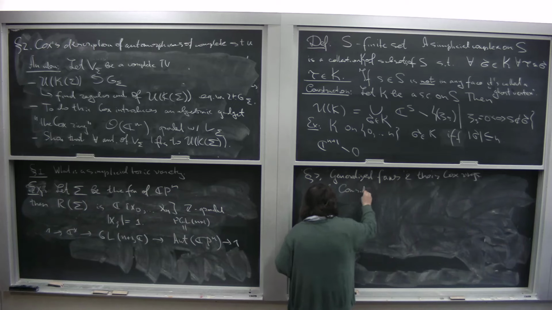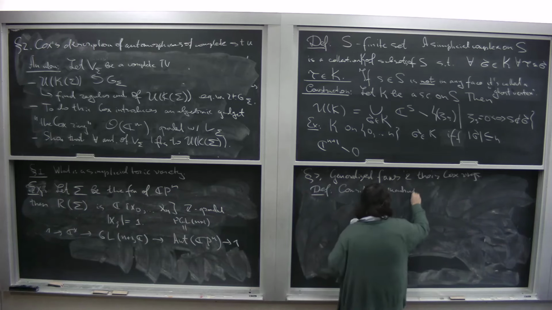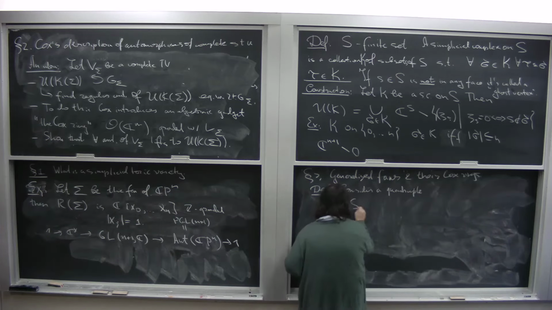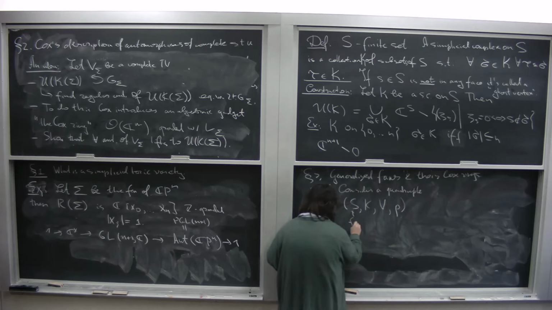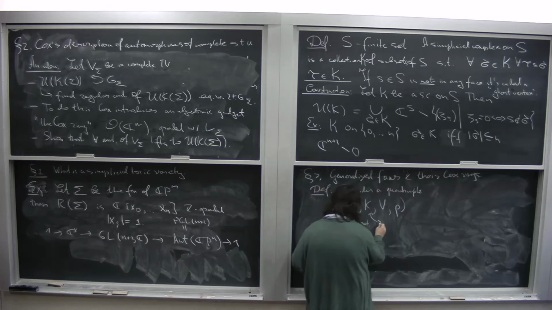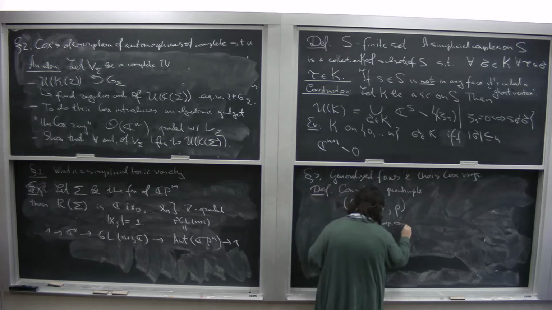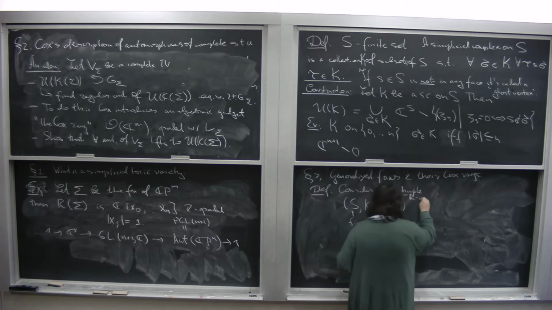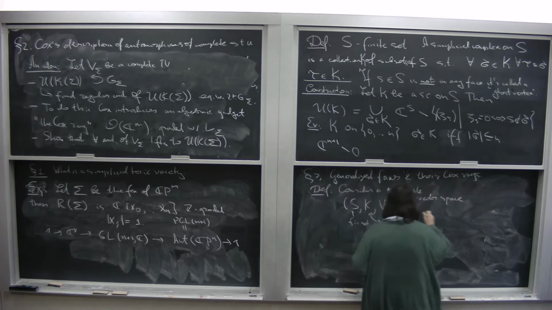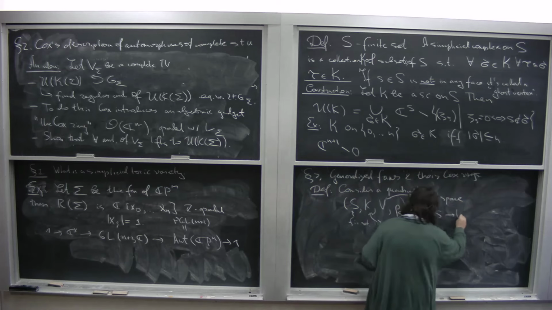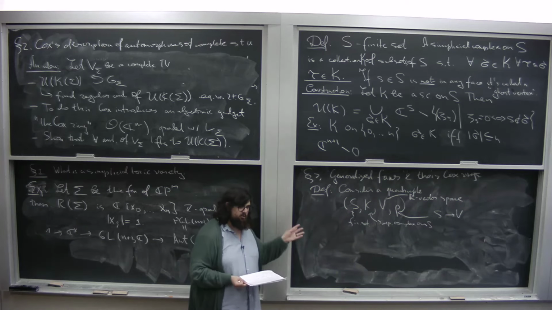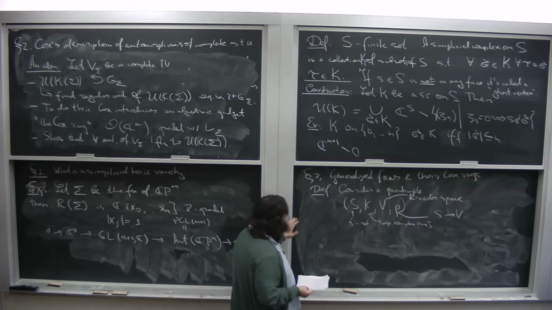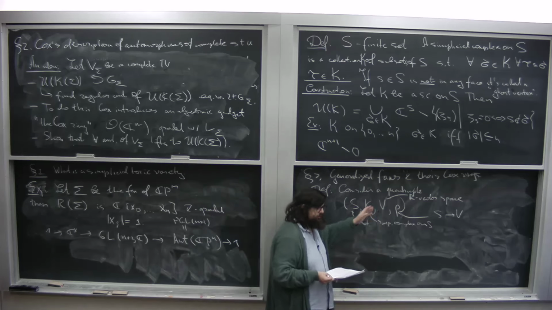So consider a quadruple (S, K, V, rho), where S is a finite set, K is a simplicial complex on S, V is a real vector space, and rho is a map from S to V. So this completely abstracts away from any idea that you have actual cones and an actual vector space, and you just want to remember the combinatorial structure plus the data of ray generators.